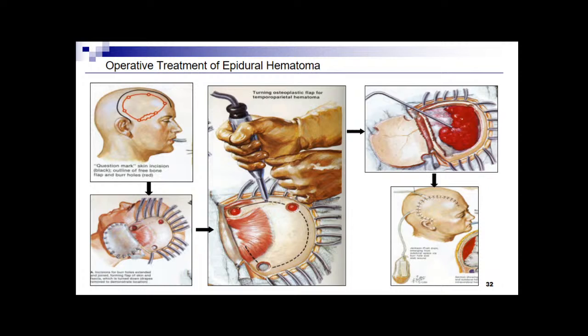The doctor performs osteoplastic trepanation for temporal opening of the epidural space and evacuation of the hematoma. After suction of the hematoma with a vacuum aspirator, if the dura mater is intact, the doctor puts the osteoplastic flap, muscular and bone flap, into its initial position, and closes the surgical approach with skin stitches.